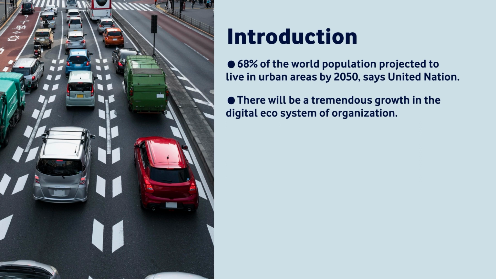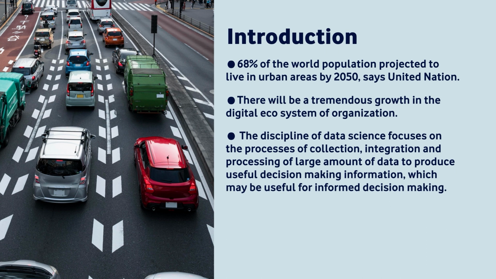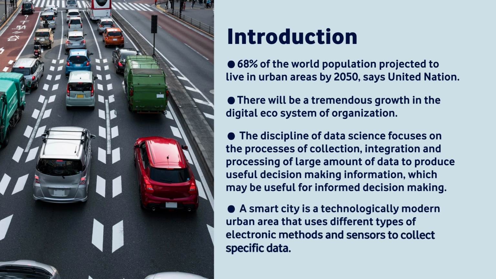It means there will be a tremendous growth in the digital ecosystem of organizations. So the discipline of data science, particularly big data and machine learning and other technologies, is going to be helpful for the process of collection, integration, and processing of large amounts of data to produce useful decision making information, so that this useful information can be helpful for making decisions. A smart city is a technologically modern urban area that uses different types of electronic methods and sensors to collect specific types of data.